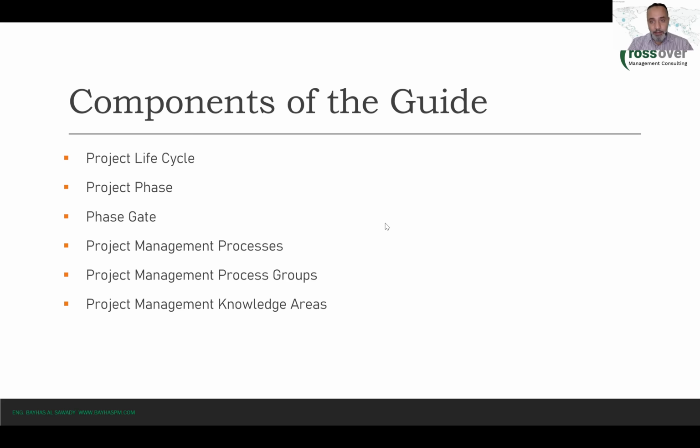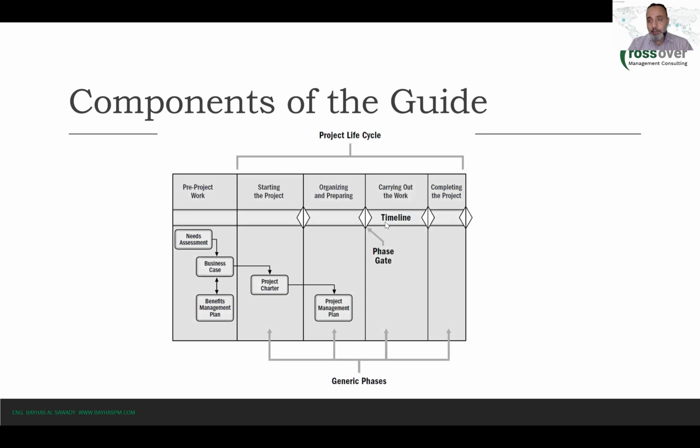Let's start with the project life cycle. Since we have agreed that projects are temporary in nature, that means they start at a definite beginning, as we mentioned, and they end at a definite end.